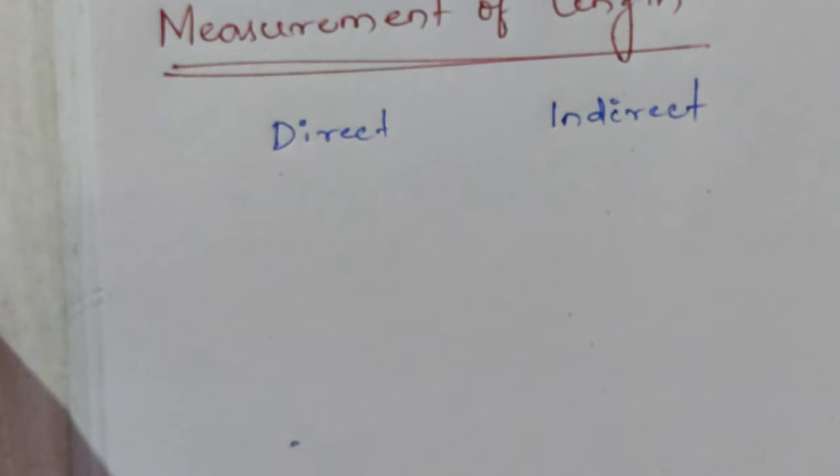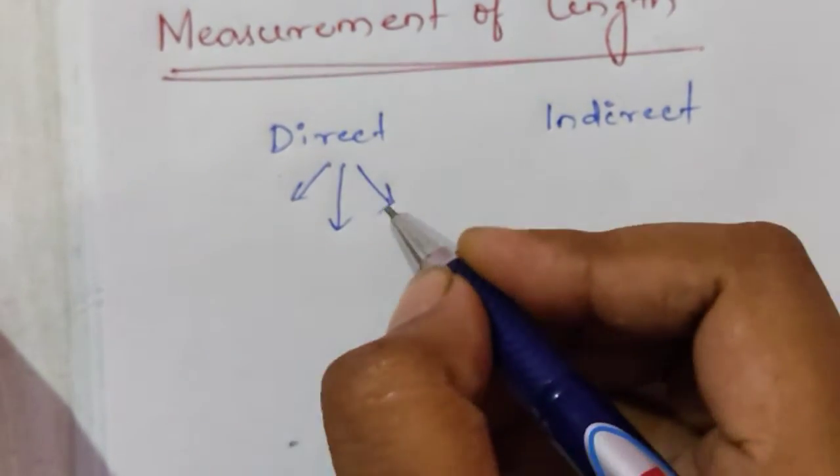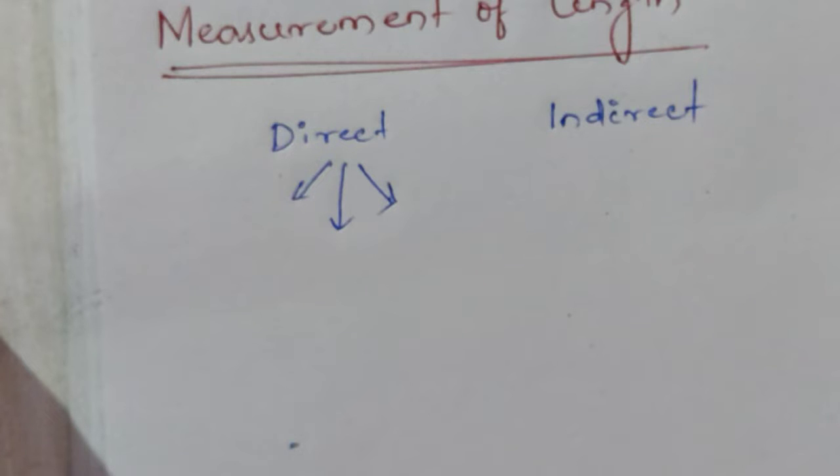In the direct method we can use a meter scale, vernier calipers, screw gauge, spherometer, or micrometer for the measurement of the length of any physically observable body.